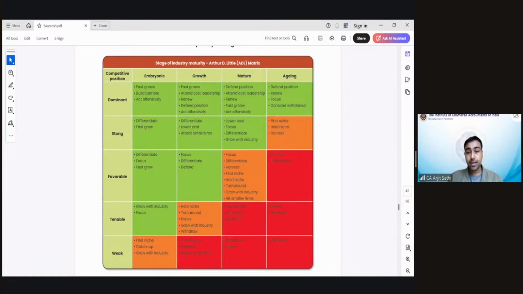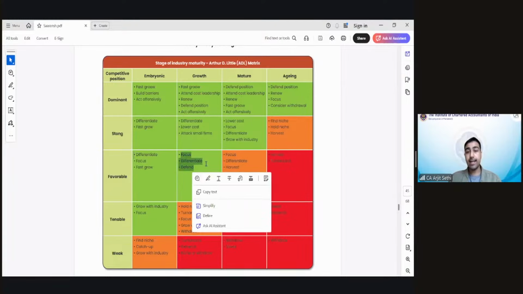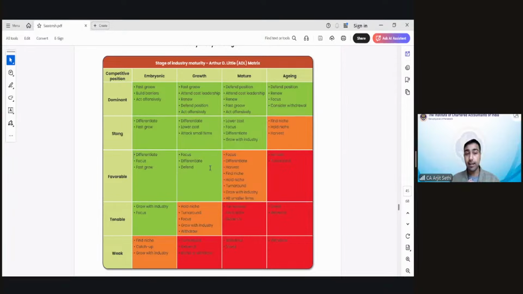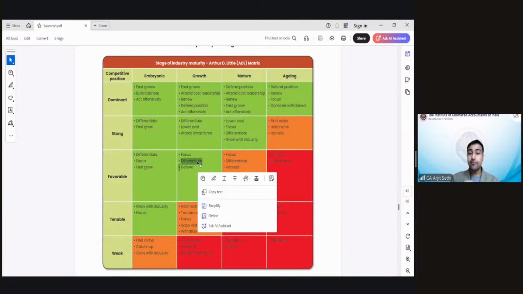So I have three options. I can either defend my business by cutting down prices, or I'll differentiate my business altogether. What I'll do is introduce something new within the dosa. I'll give them unlimited free chutney.